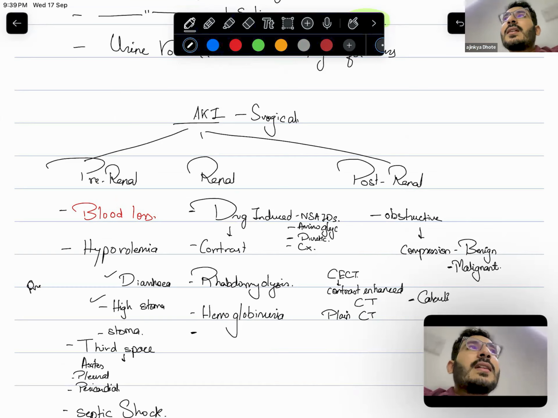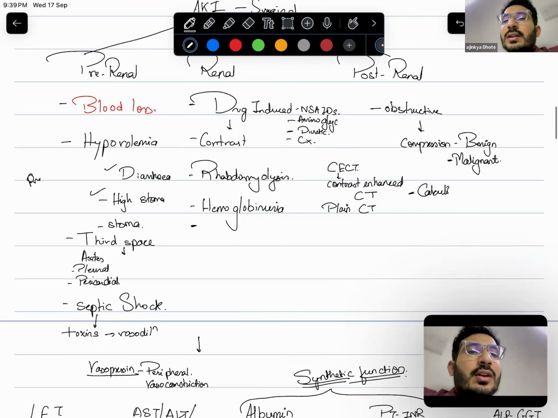And in a patient who has a stoma, high stoma, usually an ileal stoma, where the stoma output is somewhere more than 500 to 600 ml, and there's constant fluid loss and electrolyte loss, that again can lead to your pre-renal AKI. Next is your third space.